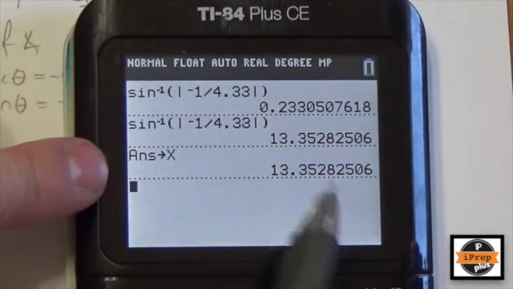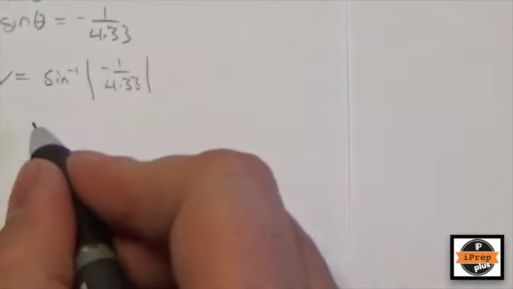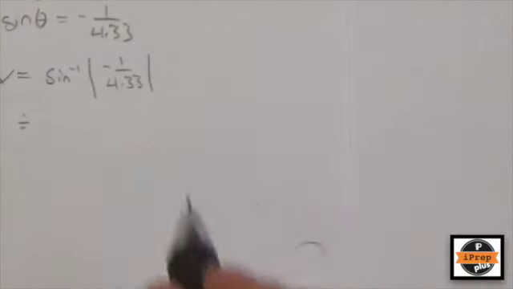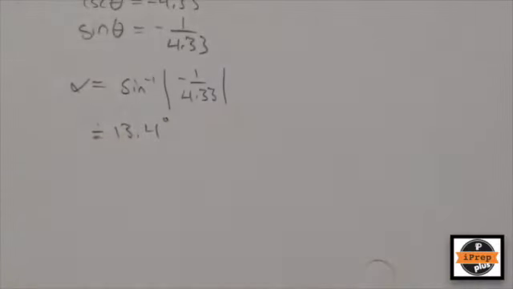Now every time I press X, I'm going to get this. The reason I'm doing that is because I am going to come back and use this angle more than just once or twice. I've got 4 angles I have to find here. So now, I know my reference angle is approximately 13.4 degrees to the nearest tenth.